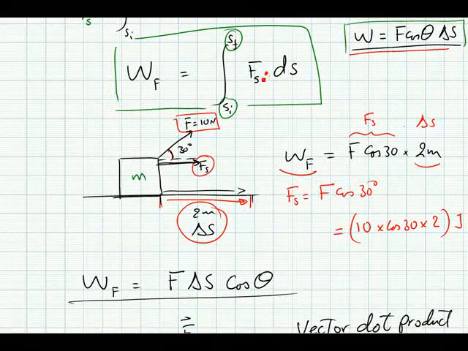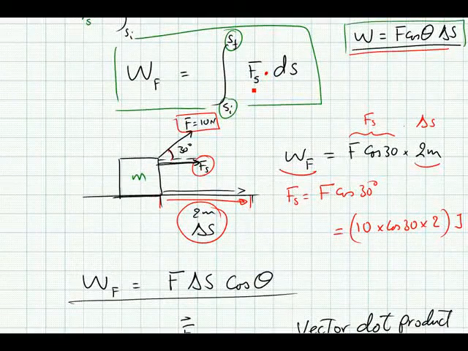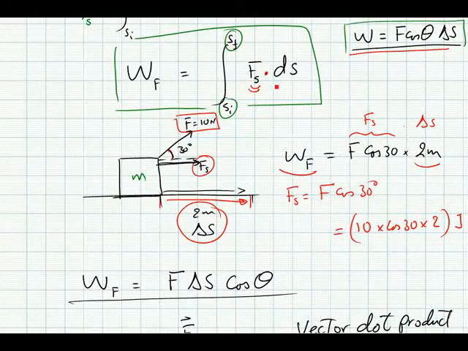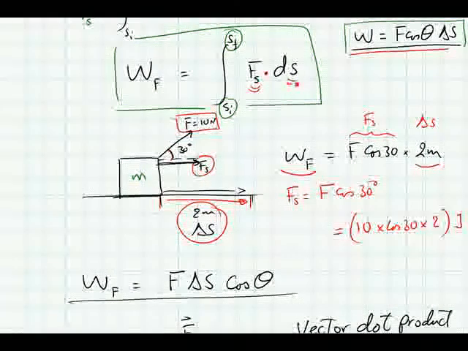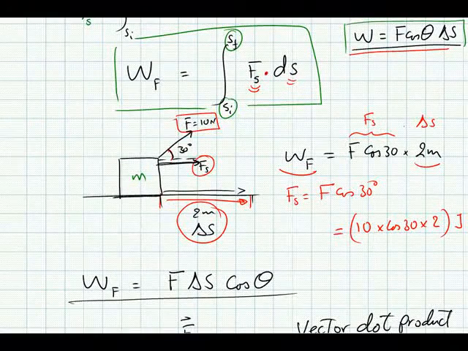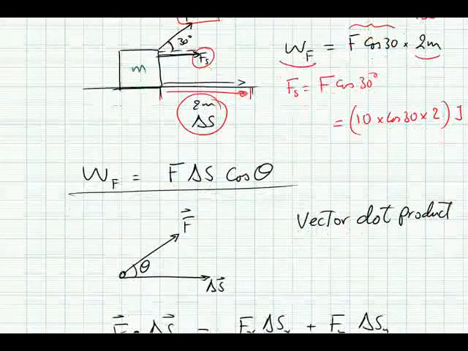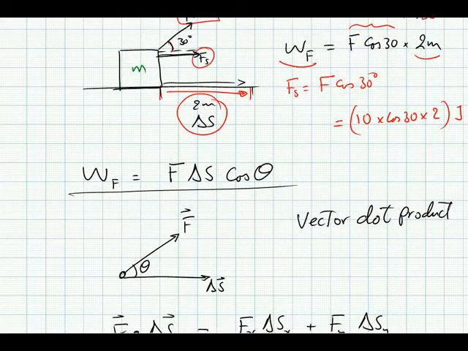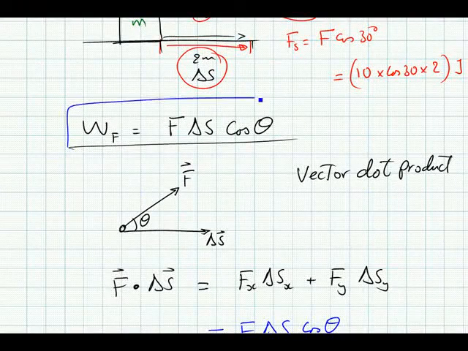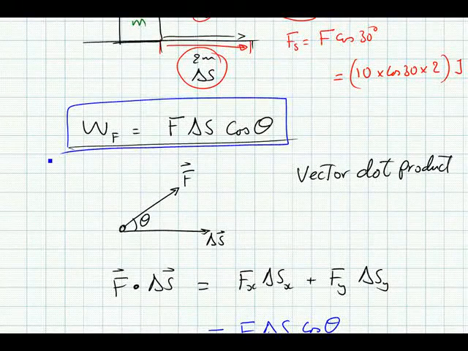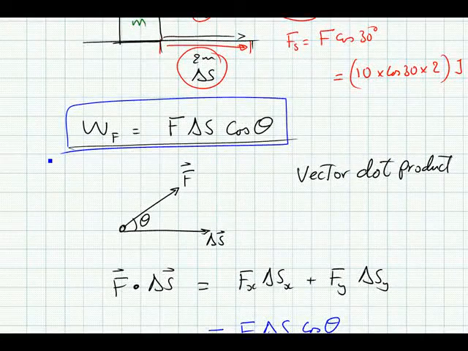By the way, you have to make sure that you consider the product of the parallel component of F along the displacement direction. So if you have a constant force, then you can go ahead and use this expression to calculate the work done on an object.